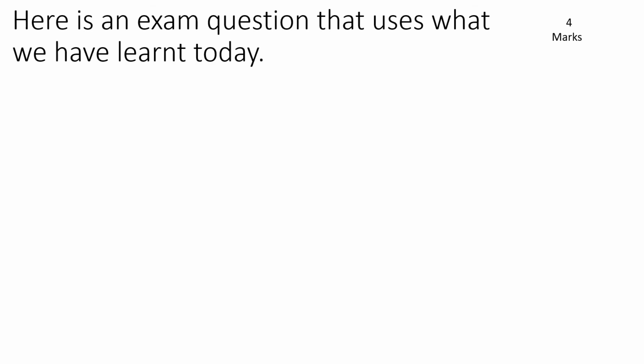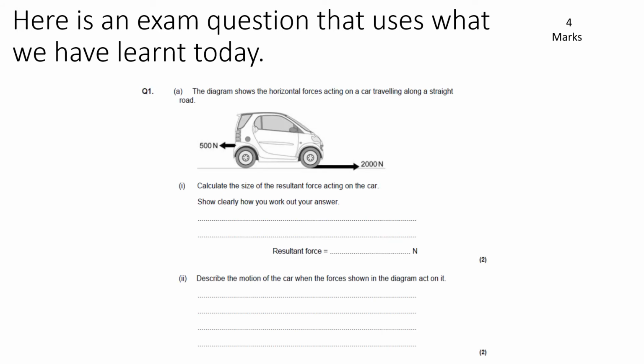Okay, so here's an exam question just to make sure that you have understood everything that I've gone through today. The diagram shows the horizontal forces acting on a car travelling along a straight road. You've got 500 newtons backwards and you've got 2000 newtons forward.